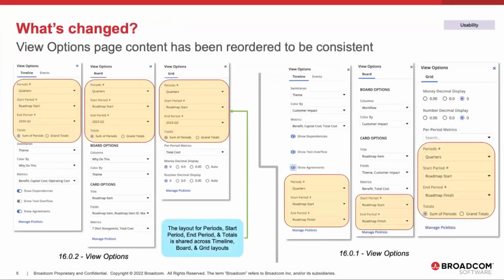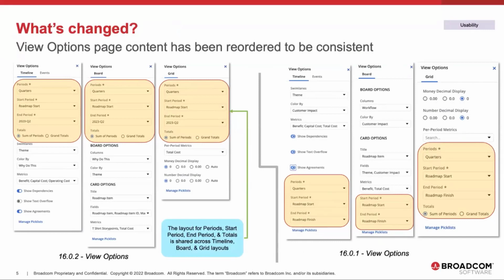So view options. On the left-hand side, there's a collection of the view option panels, and that represents 16.0.2. On the right side of the page, this represents 16.0.1. As you can see on the right-hand side of the page, the area dedicated to periods, start period, end period, and totals is a little disjointed.